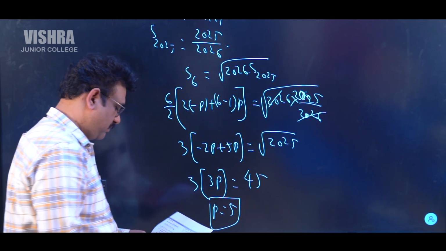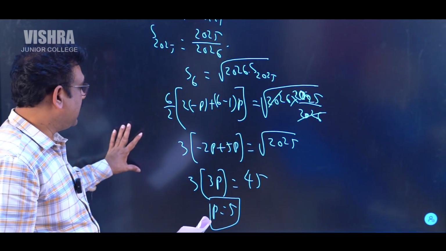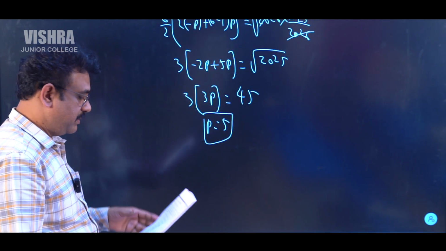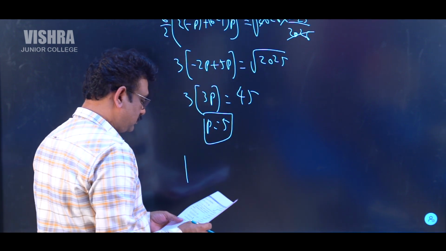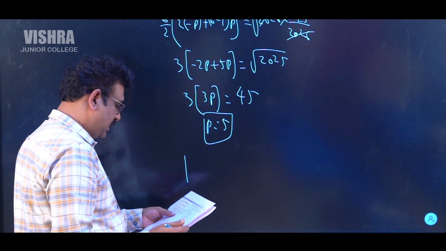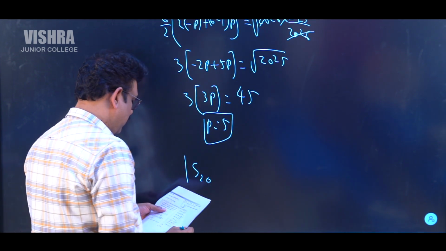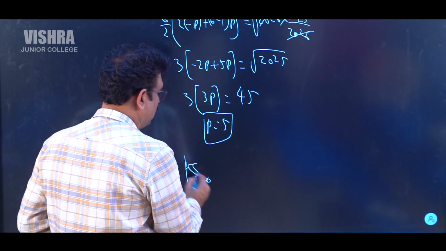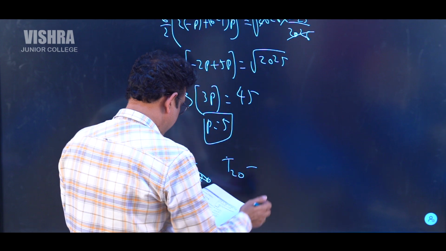P is equal to 5. Now we need to find the absolute value of the difference between the 20th and 15th terms. So that is T20 minus T15.